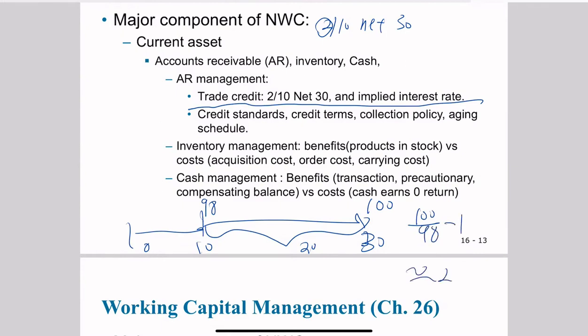So it's about 2%. Obviously, in the exam, I could ask you the annualized rate, so you'll need to understand how to convert the 20-day interest rate into an annual rate.